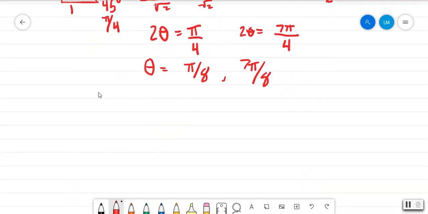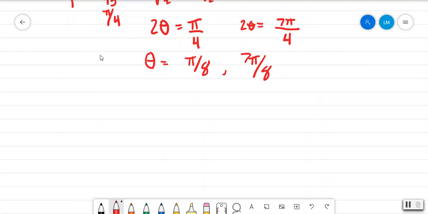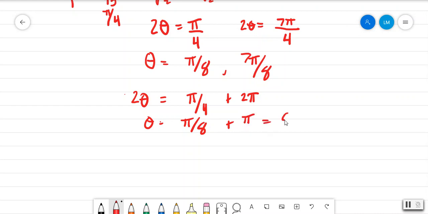So we can say that 2 theta is going to reoccur, and that's going to be pi over 4 plus 2 pi. But if we divide by 2, that's going to give you theta equals pi over 8 plus pi, which is going to be 9 pi over 8.